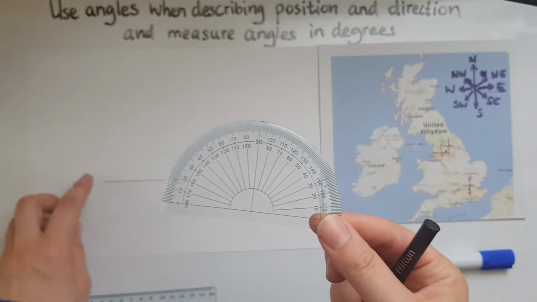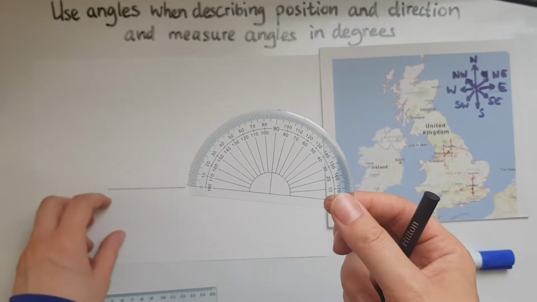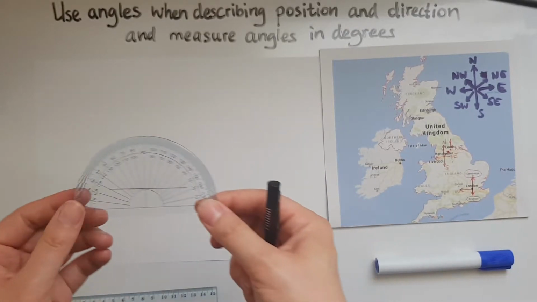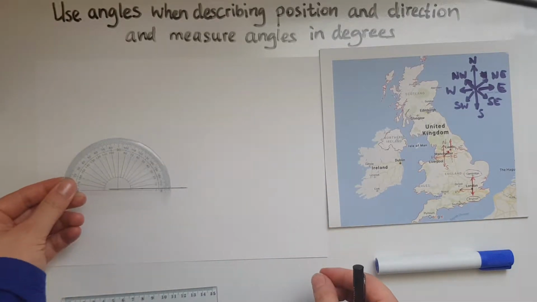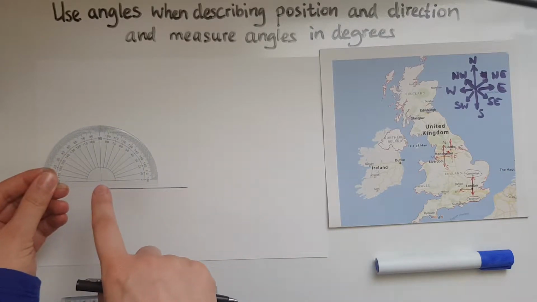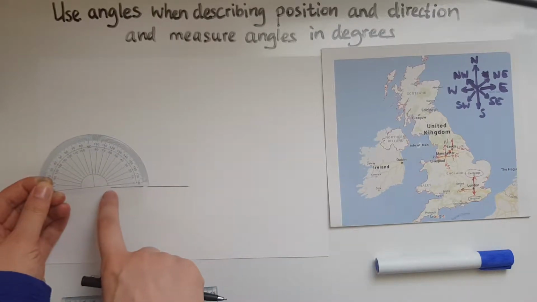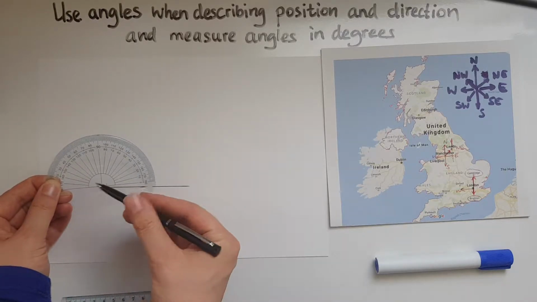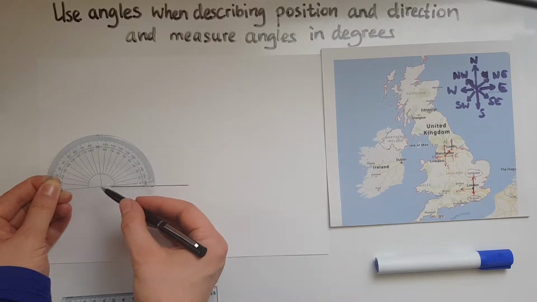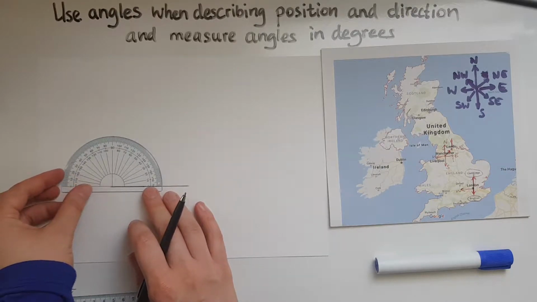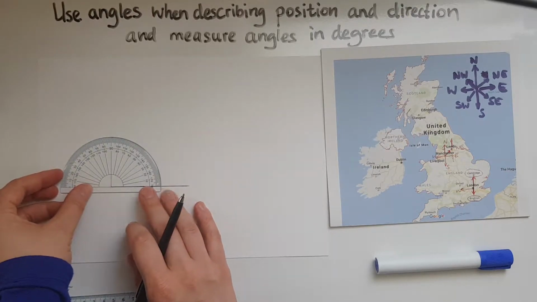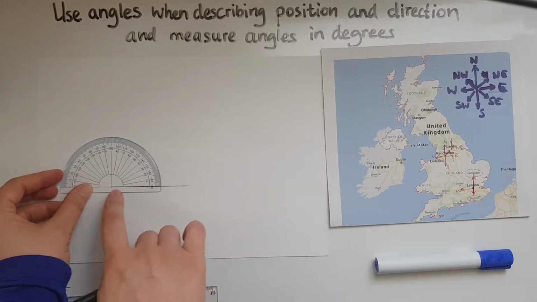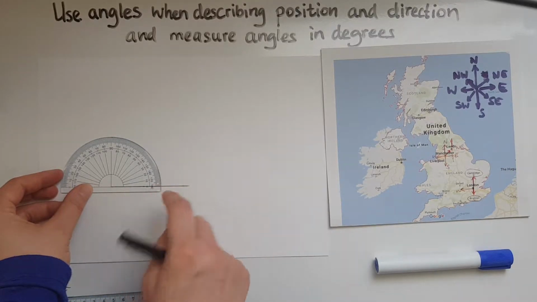I want to draw a 100 degree angle on this side. So I'm going to take the protractor and put the end of this line right in line with this cross here. I'll place it right on top, and the line of the protractor is aligned with the line underneath.